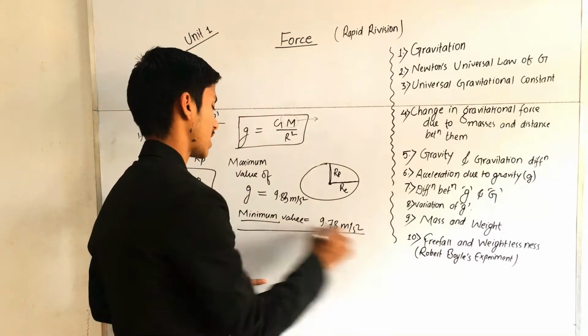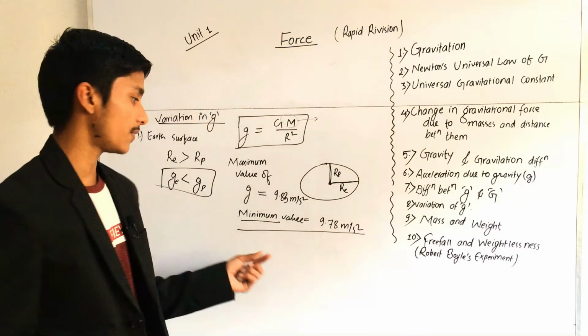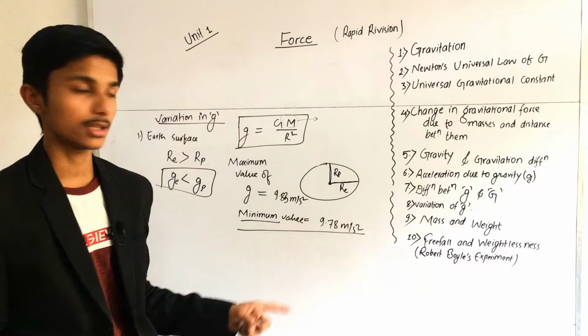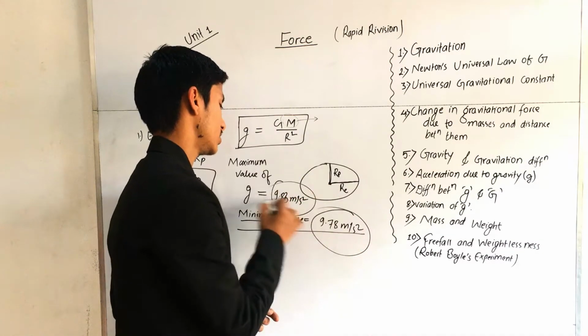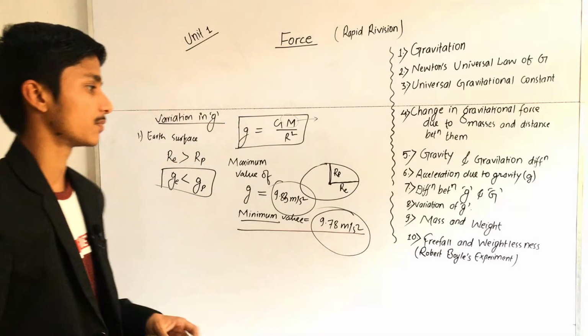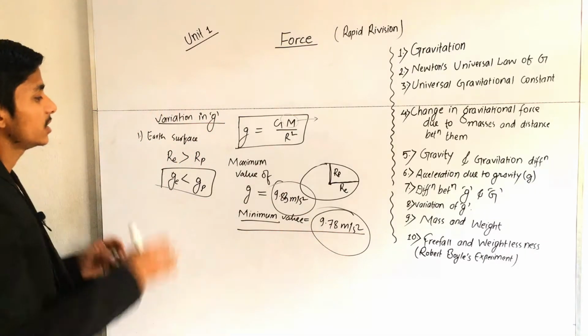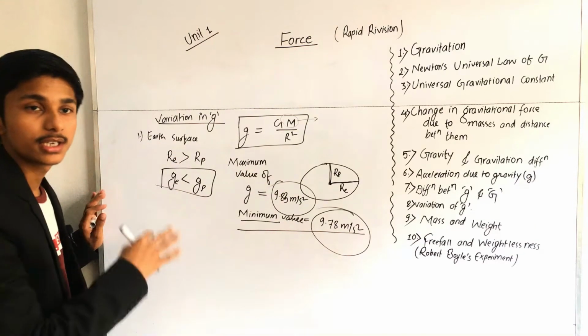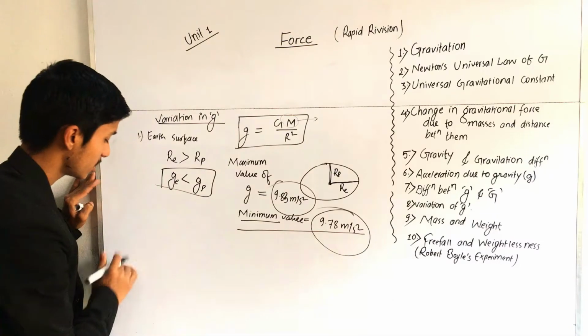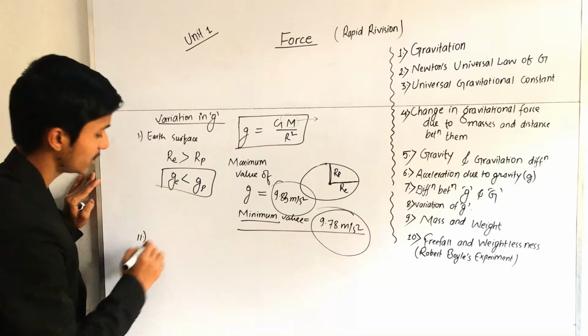This is the minimum value of acceleration due to gravity on earth at the equator. This is maximum and this is minimum. So we can see in the first case, on the earth surface the value of acceleration due to gravity gets changed. Next case we see with height.